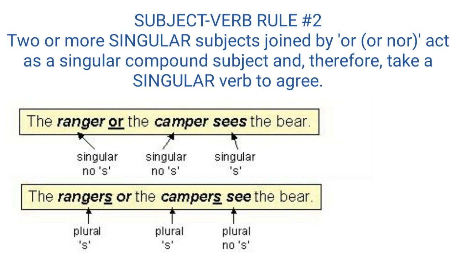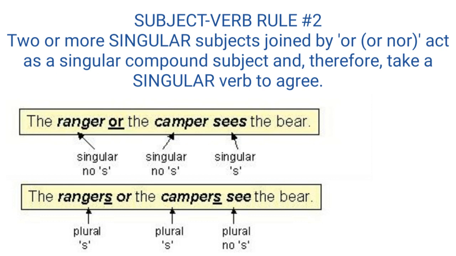The ranger or the camper sees the bear. The ranger is singular, and the camper, that is another person, is also singular. Even though they are connected with the word or, it is considered singular itself, and that's why we used the singular verb sees.